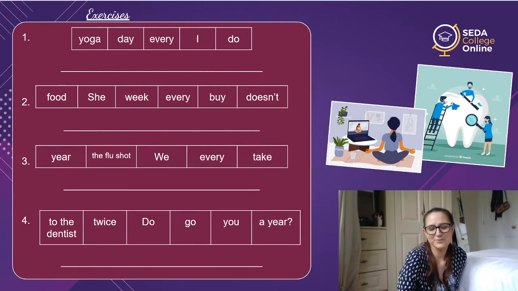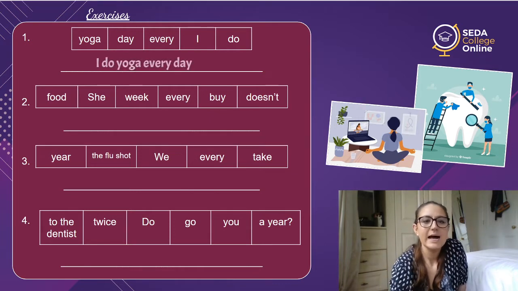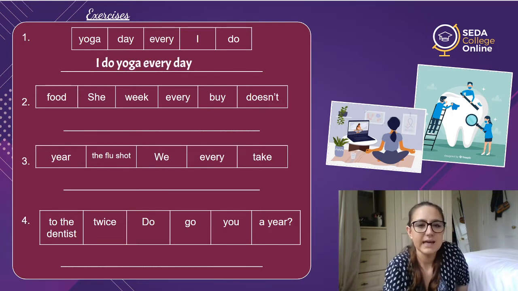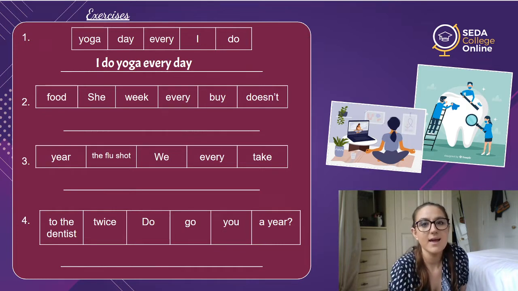Let's correct them, friends, and then we can keep going with our class. So we have number 1. I do yoga every day. Do you? I don't. It's just sometimes. Number 2. She buys food every week.